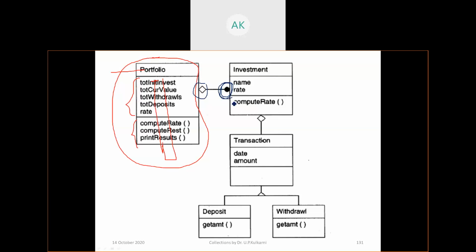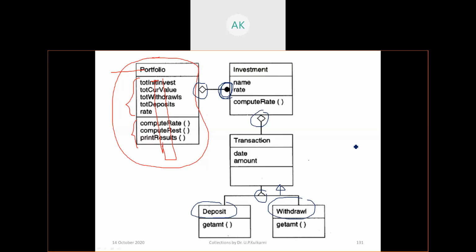And every investment is made up of transactions, right? There are two types of transaction: deposit transactions and withdrawal transactions. And this symbol, in this case, is used here, but in fact all of you can take it as an inheritance, like this. You can correct it, right? So it is something like that.